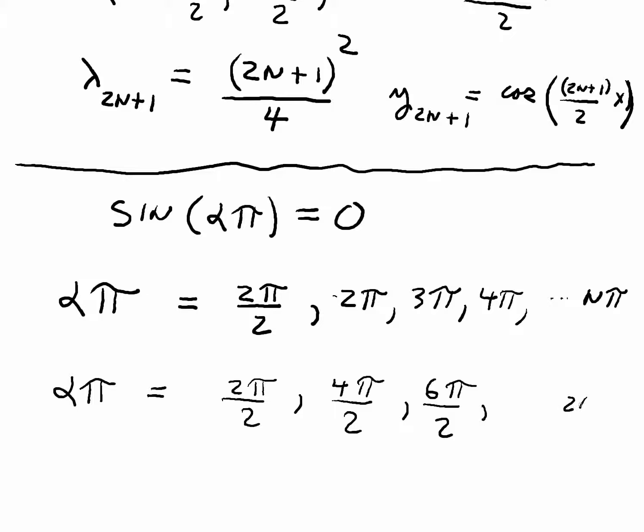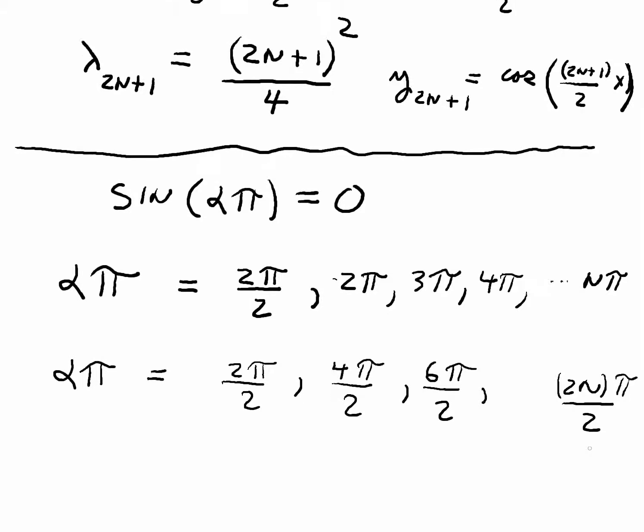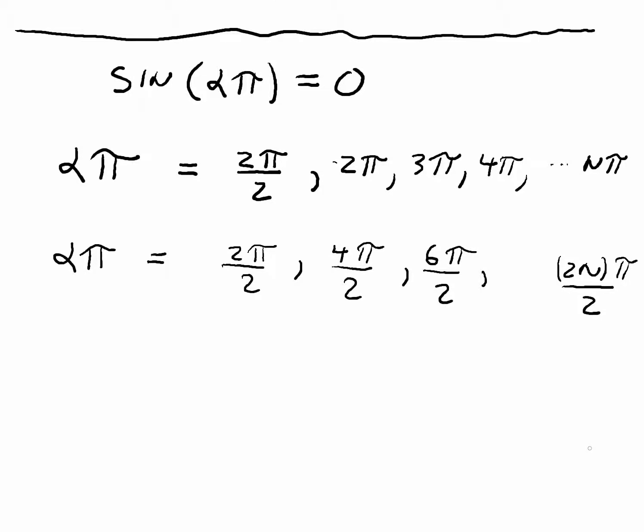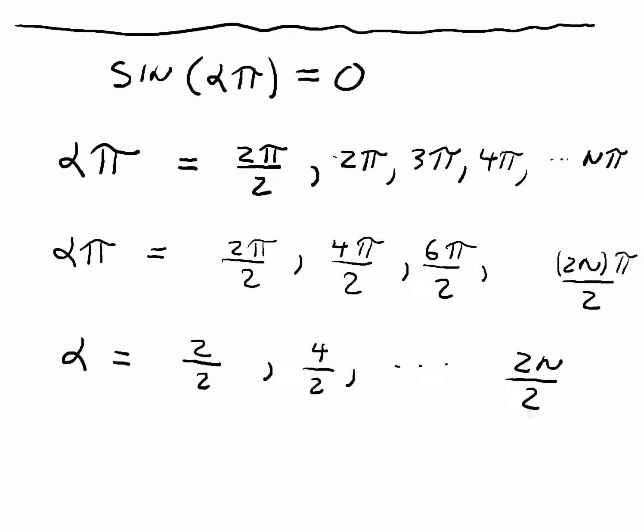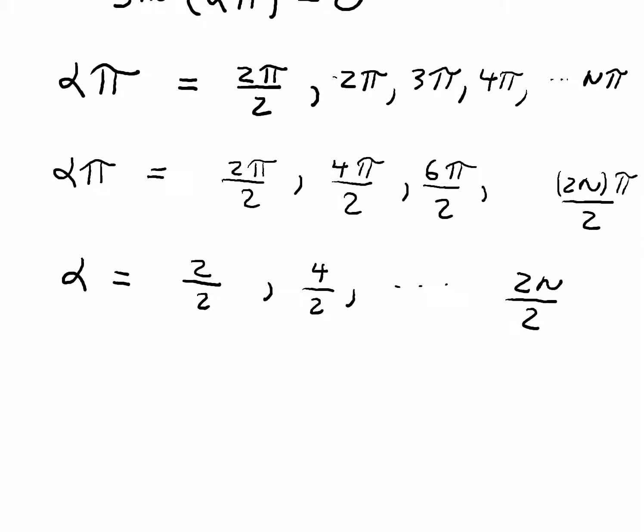So I get 2n pi over 2. The reason I did that is because now I know that in this situation I have my alpha equaling the following. Well, it's 2 over 2, 4 over 2, and in general it's 2n over 2. And the reason I did that is just because I wanted it to look nice.